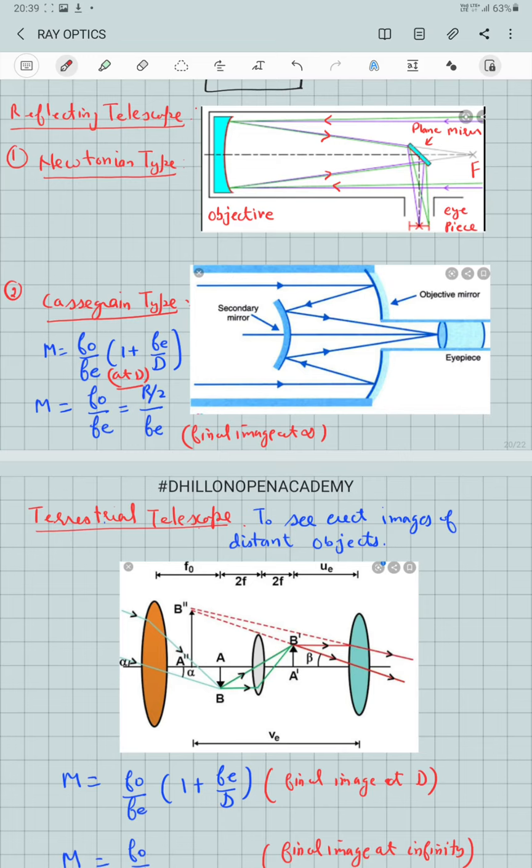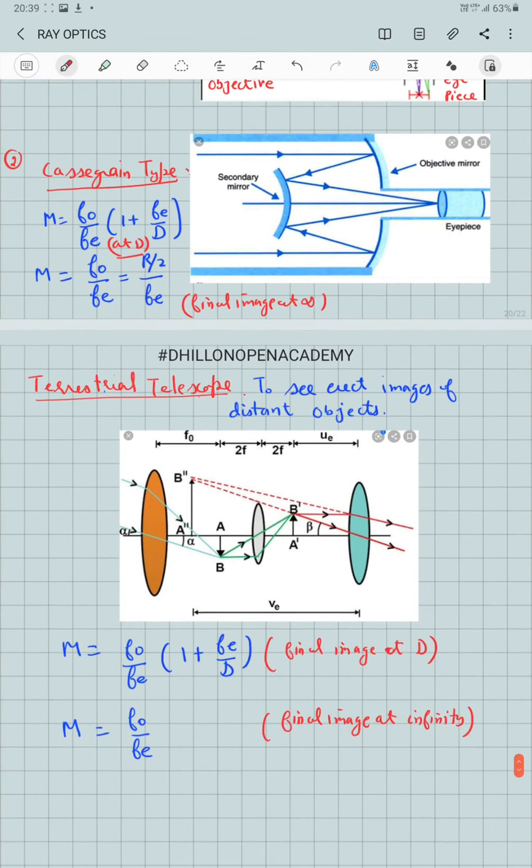Last we have the terrestrial telescope. A terrestrial telescope is used to observe the erect image of distant objects present on the surface of Earth. We know that if we are using a compound telescope, then the final image formed is virtual but inverted.